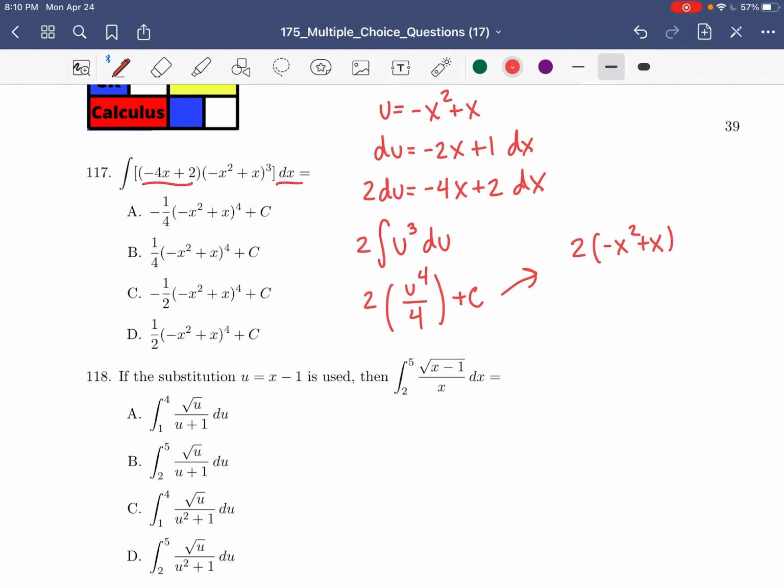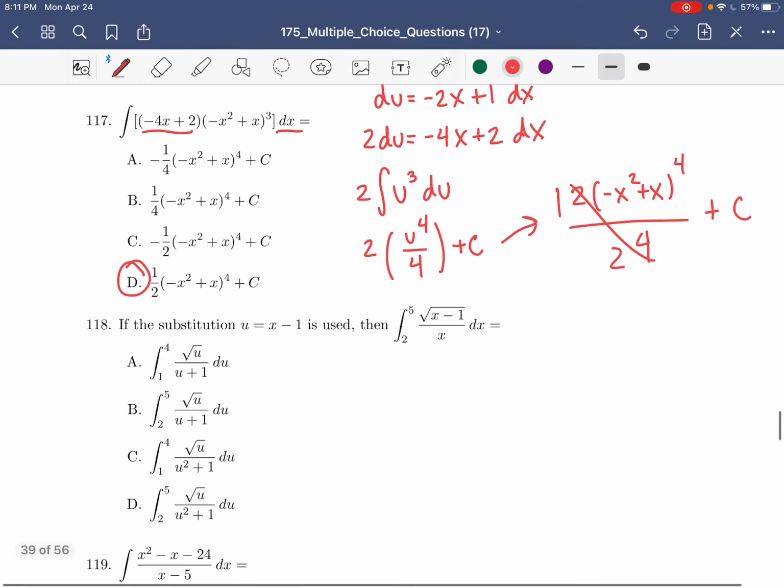So 2 times negative x squared plus x to the fourth power over 4 plus c. And then obviously this is just going to become 1/2. So if we look, it looks like it matches D.